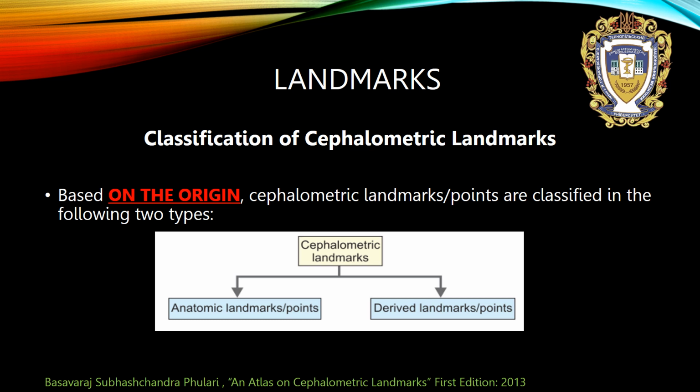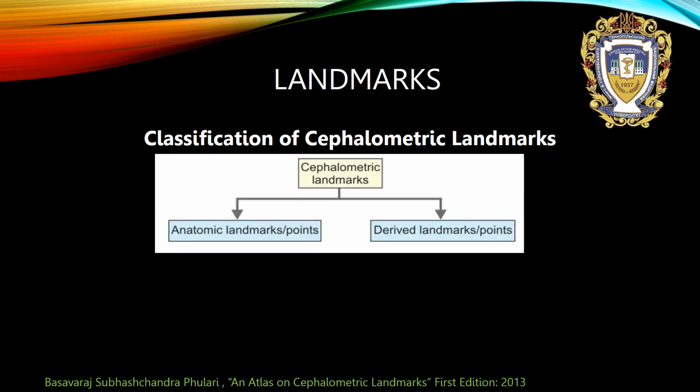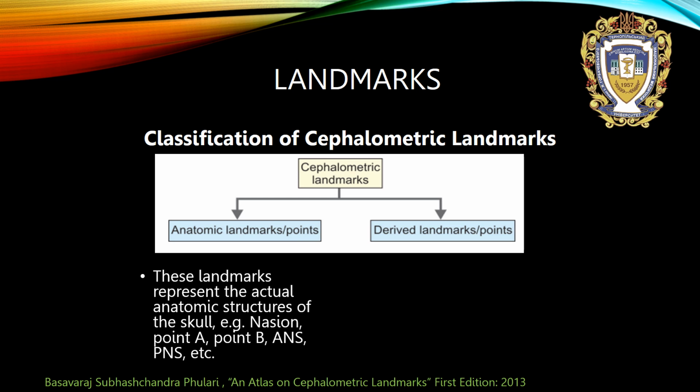What does it mean? Anatomic landmarks and points represent the actual anatomic structures of the skull. For example: nasion, point A, point B, ANS, anterior nasal spine, PNS, posterior nasal spine, etc.